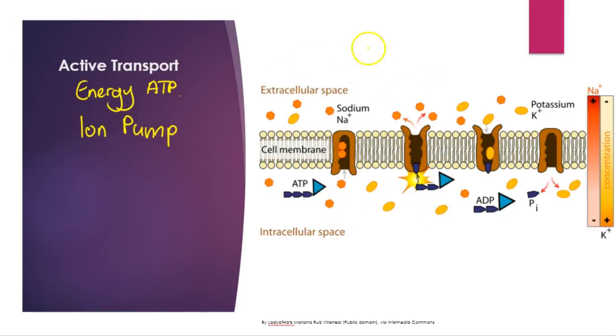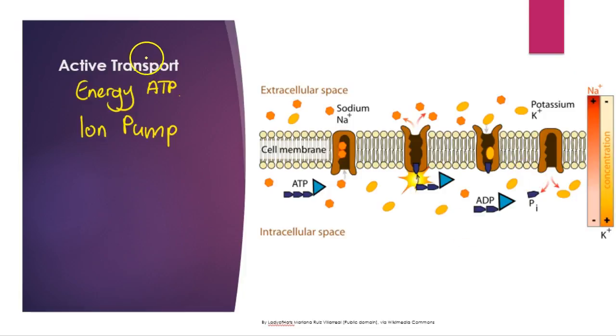More sodium will end up on the extracellular side of the cell and not so much on the inside. And on the opposite hand here, we're going to have potassium building up on the inside of the cell and not so much on the outside here. So we end up with a concentration of high sodium on the outside, low on the inside, and high potassium on the inside and low on the outside.